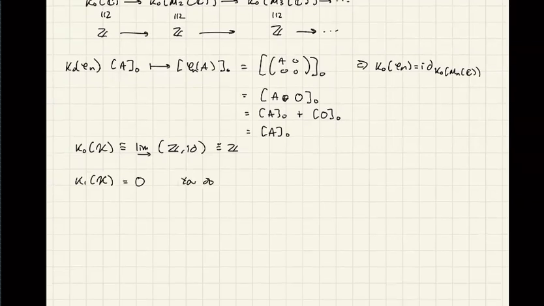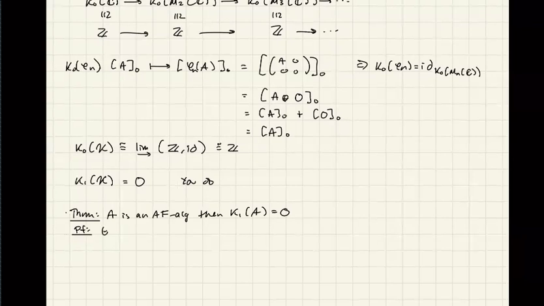And this actually holds in more generality as well. So there's a theorem in Rørdam that says if A is an AF algebra, then K1 of A is trivial. So again, I'll let you prove that. It's a fun exercise for inductive limit logic.